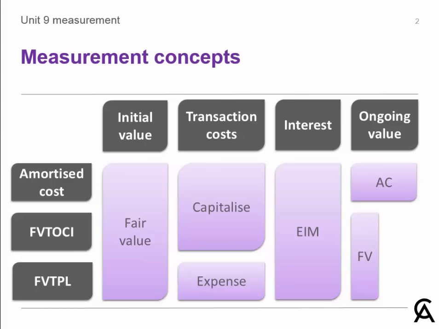Where the revaluation gains or losses are recognised depends on how you classified the instrument. If it was classified as fair value through other comprehensive income, then gains or losses are recognised in other comprehensive income. If it was classified as fair value through P&L, then, as the name suggests, gains or losses are recognised in P&L.